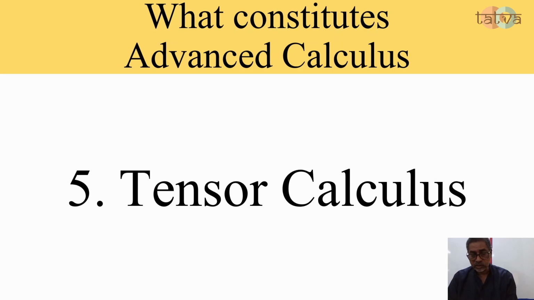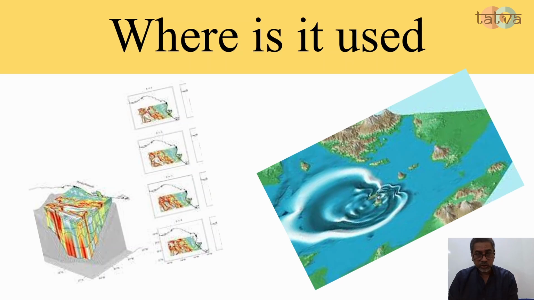Then we have tensors, the very rich field, and tensors are really very useful tools, particularly when we talk about nonlinear mathematical models that we see during tsunamis and earthquakes and other applications like that. So you can see on the left hand side, the graphic is one where earthquake activity is being modeled.